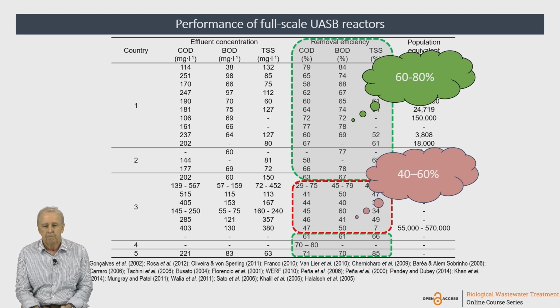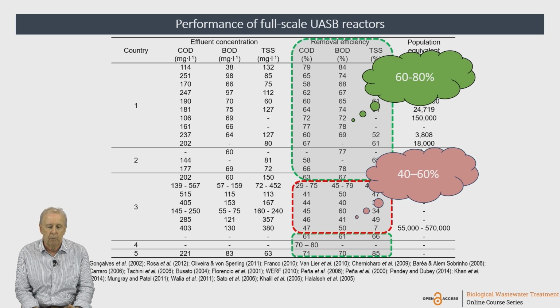And why is that? Usually they indicate that the operation is poor. Poor operation may be one of the causes, but from our experience, we cannot put all these problems on the operation.